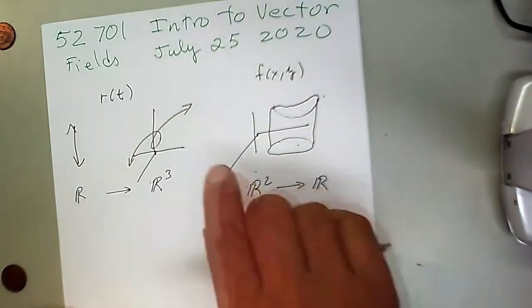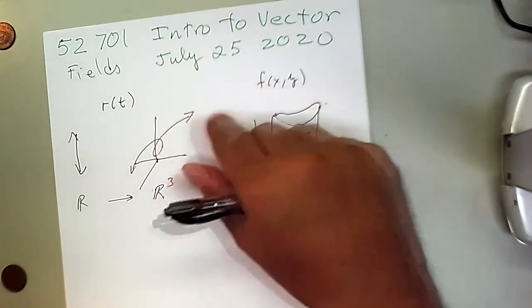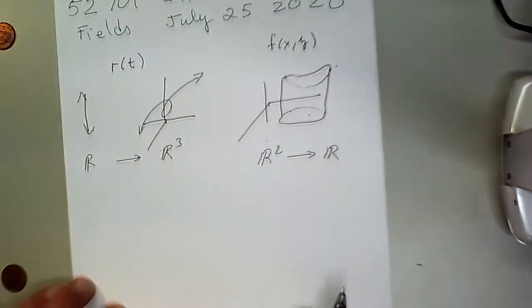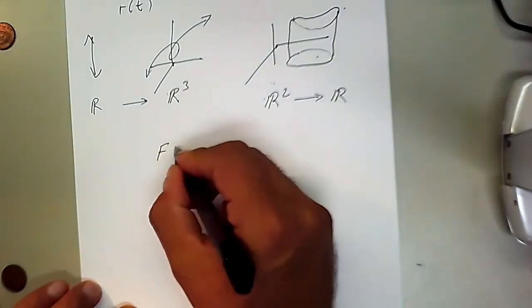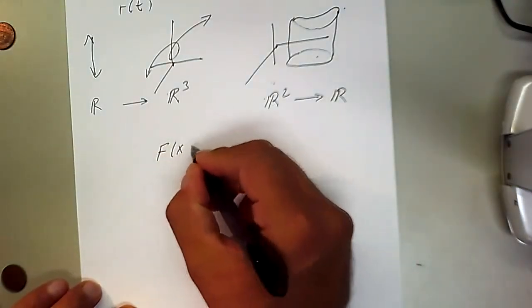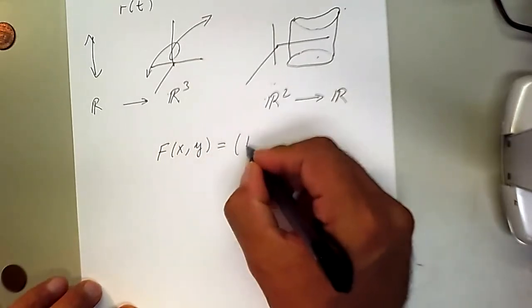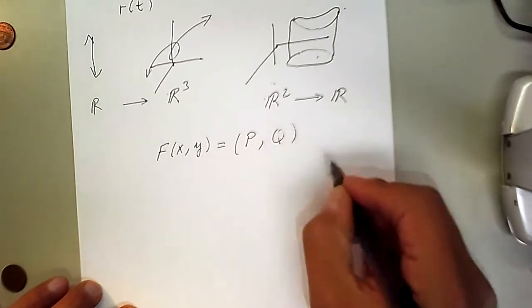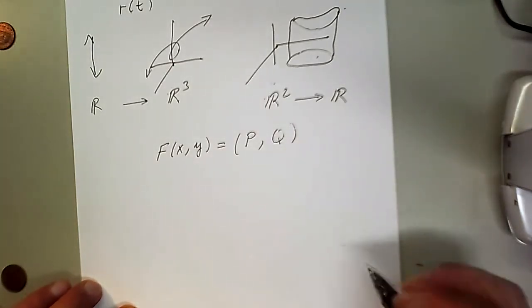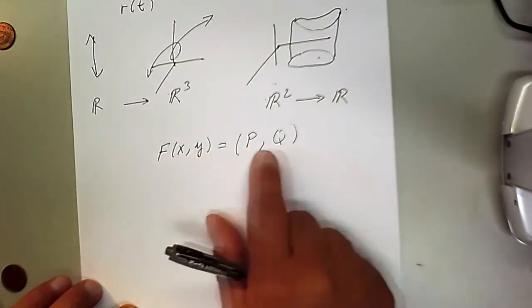So neither one of those is what we would consider a vector field. A vector field, on the other hand, is a function of 2 or 3 variables where the output is going to be 2 or 3 variables. So f of x, y, 2 inputs, is going to give us a vector, (p, q).